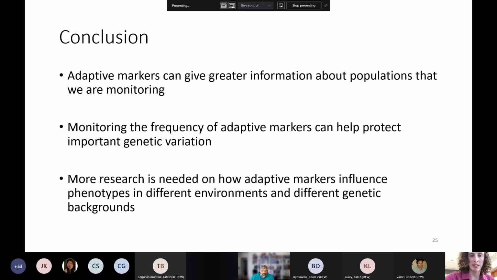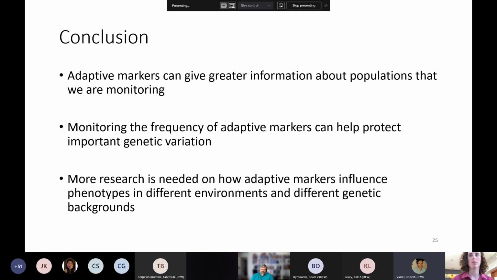We have a hand raised. So Bob, go ahead. So the question I have is, how is all this information going to change the distinct population segment, or the ESU designations by the feds, for the Endangered Species Act?